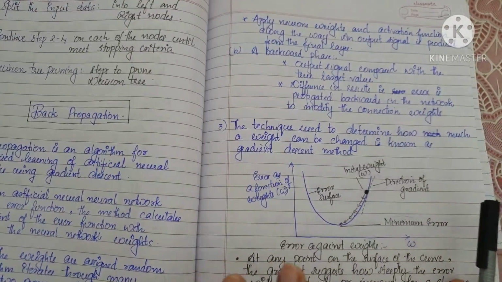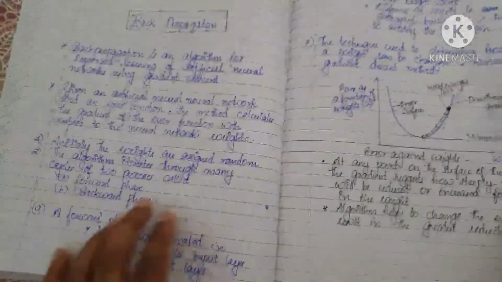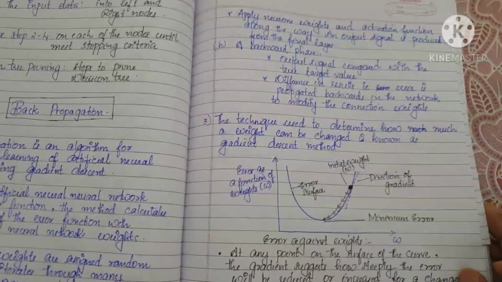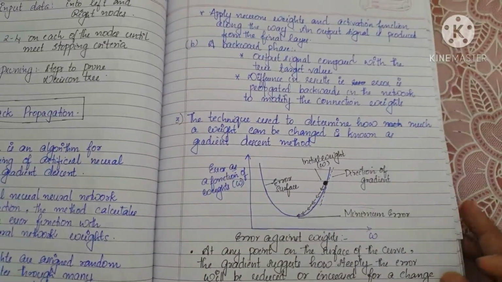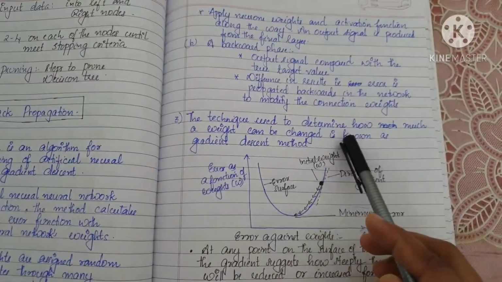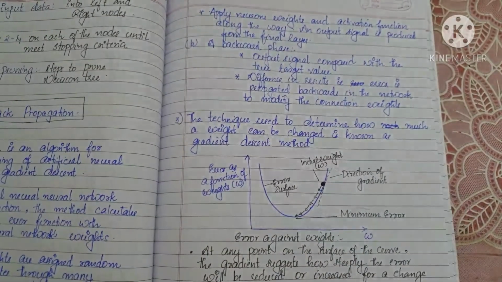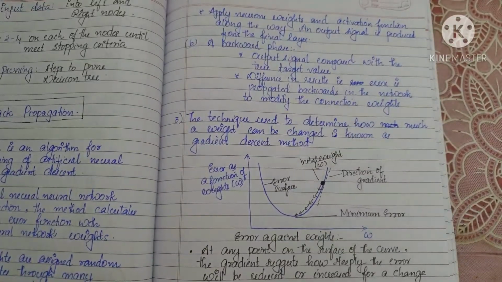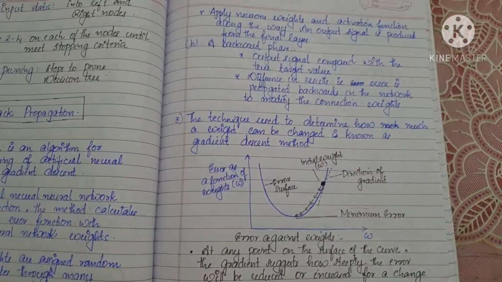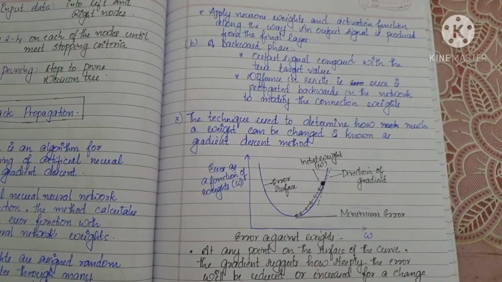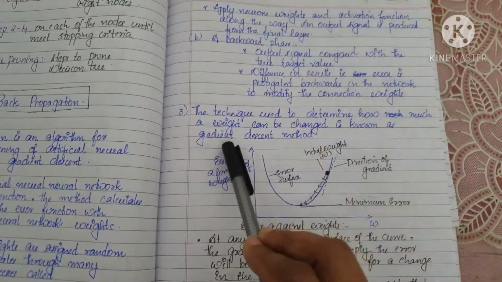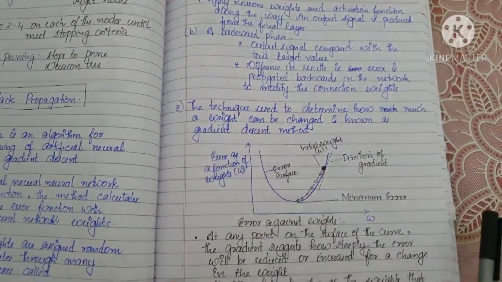So what is the third step? In the second step we follow two phases, a forward phase and a backward phase. The last, third step is the technique used to determine how much the weight can be changed from the initial weight until we obtain the target output value correctly. That is called the gradient descent method.